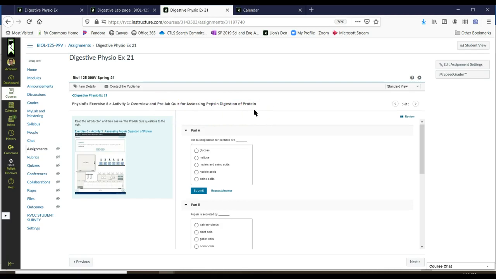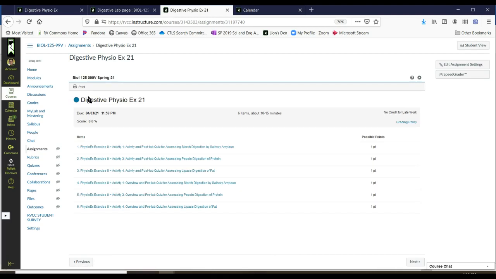We want to do pre-lab, experiment, post-lab. So do your pre-lab quiz, and then go back to Digestive Physio Ex. Right, so whatever order you want to do these in, I started with amylase. So I opened the amylase pre-lab quiz.